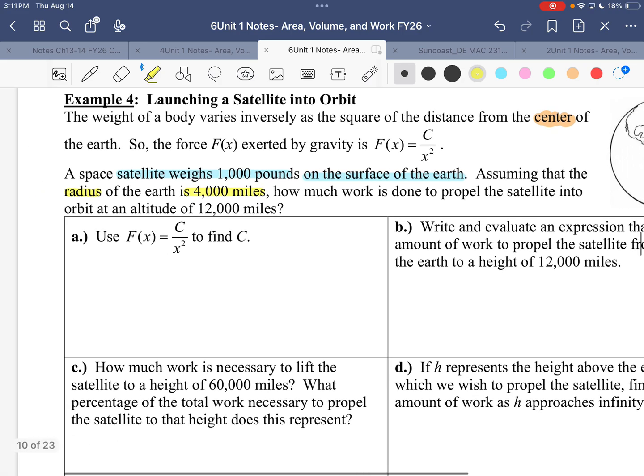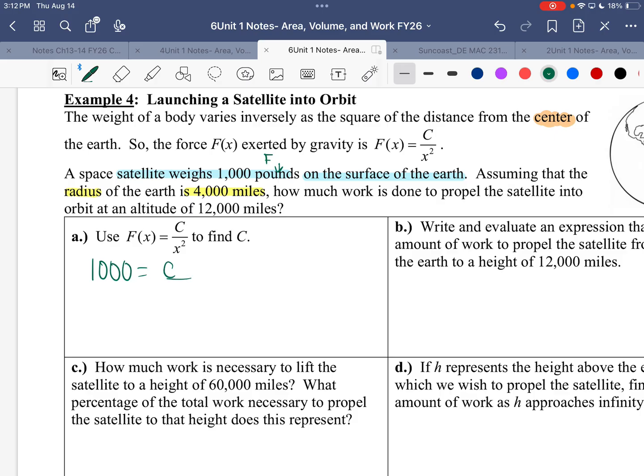So the pounds, are pounds already a force? Yes, so this is a force. And then the radius is the displacement that this satellite is from where we need it to be. So we're going to have 1,000 equals c over 4,000 squared.